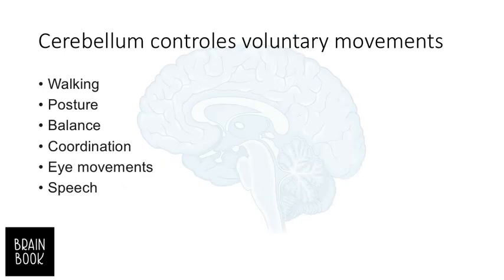The cerebellum controls voluntary movement, including walking, our posture, our body balance, coordination, eye movement, and speech. And if it is injured by infection, external injury, trauma, or stroke, these aspects of our life will be affected.